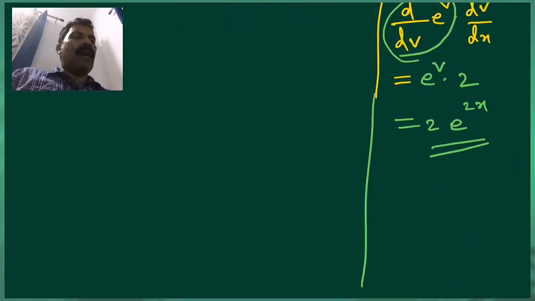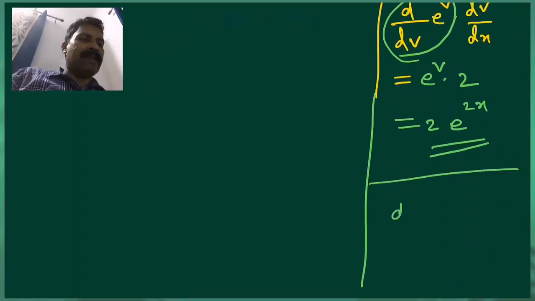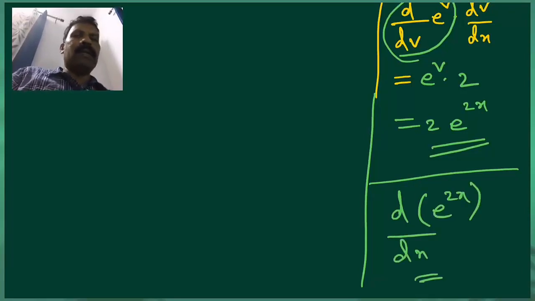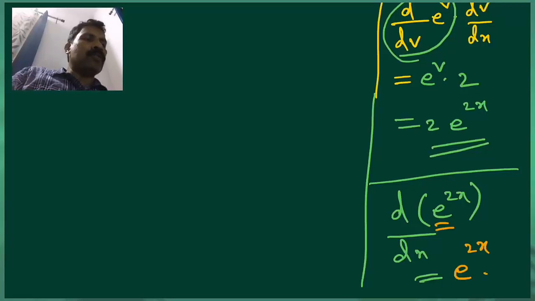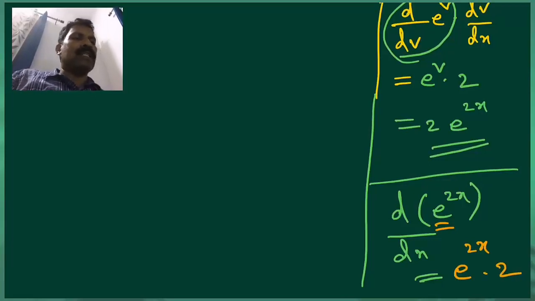But simply you can have in a very faster way, that is derivative of e power 2x with respect to dx. So looking at e power, then immediately you write e, because e power x derivative is e power x only. So looking at e, we are writing e, then 2x copy paste, then derivative of 2x, that is 2. So this is the easy way.